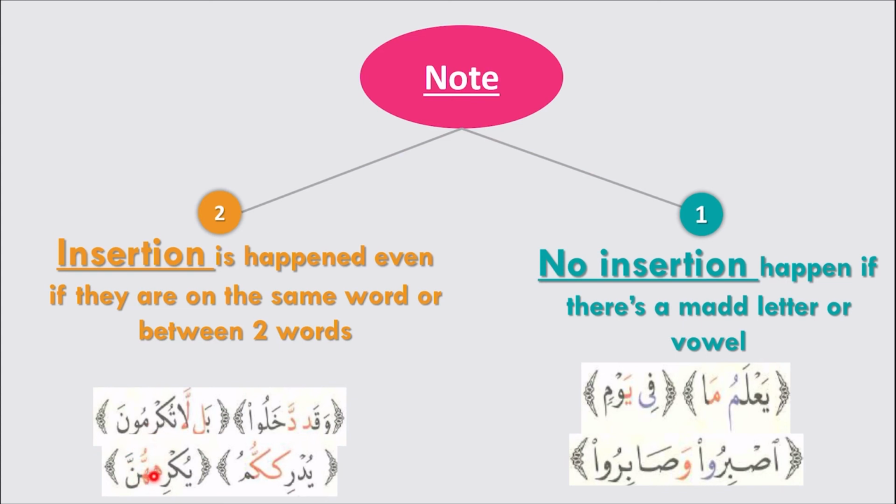As you see here, this ha and ha come in the same word, so idgham may be between two words, and it may also happen in one word, and this is a very important thing to understand.